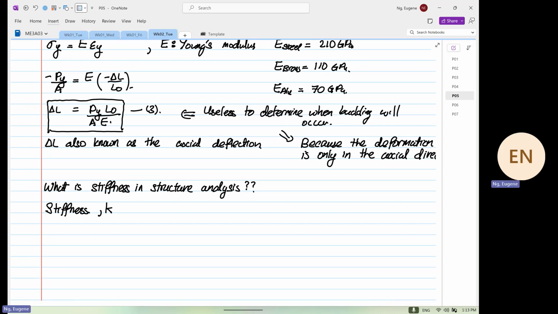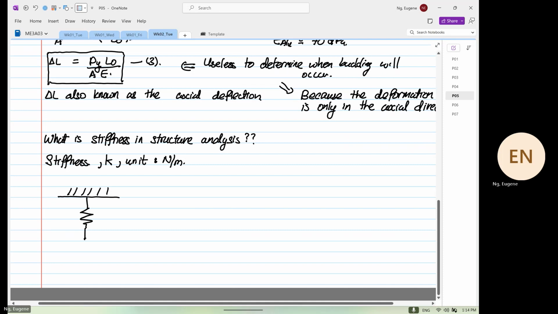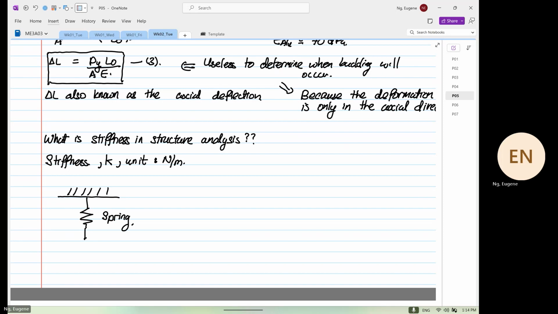The symbol is small k, and the unit is what? Newton per what? Meter. Now, stiffness usually has to do with a what? Spring. Okay, has to do with a spring. And then if we were to compress it, the spring gets smaller, and this is your Py.